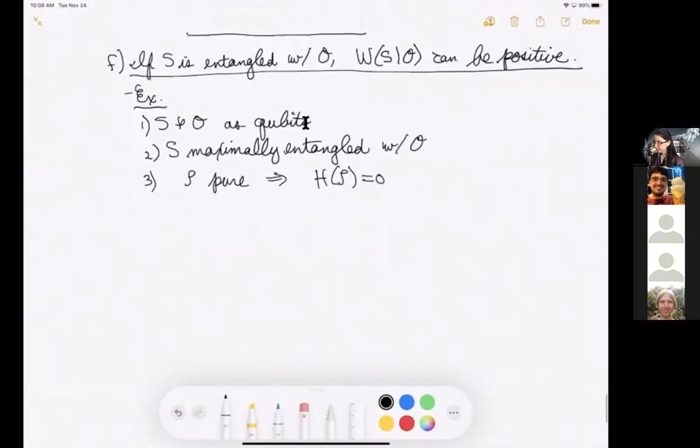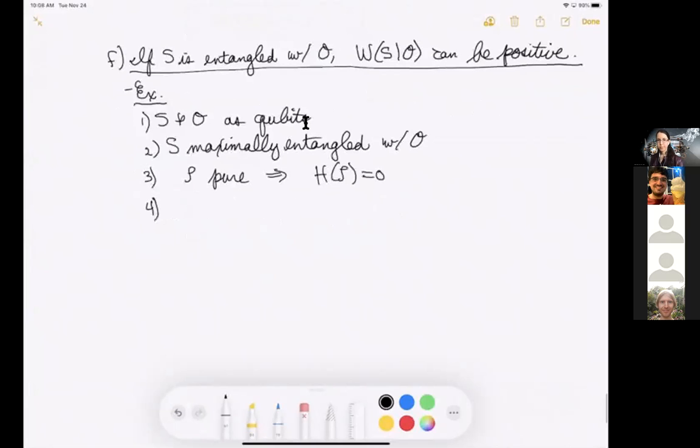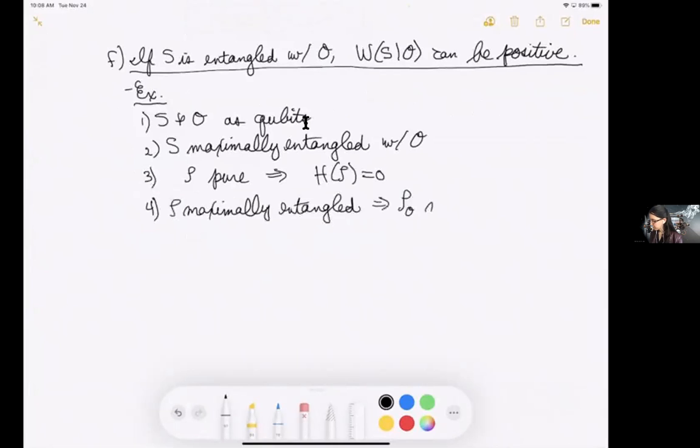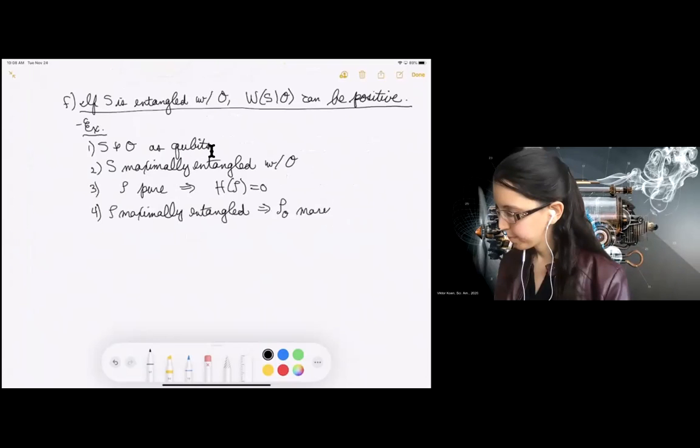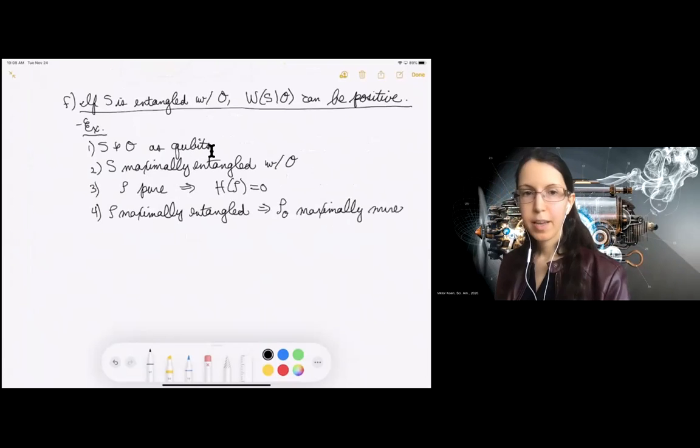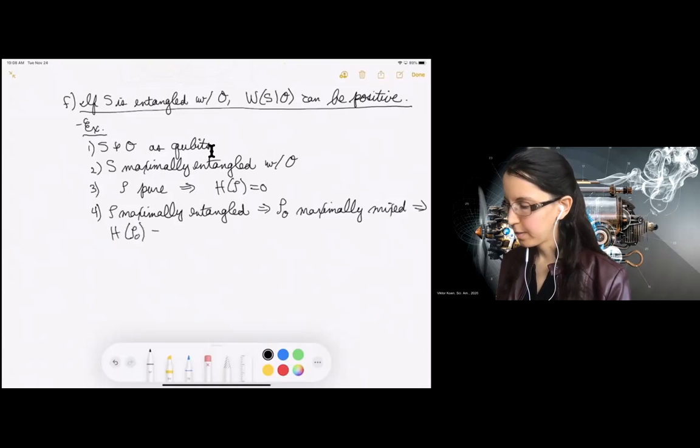On the other hand, since O is maximally entangled with S, the reduced state of O is maximally mixed. And so as we saw yesterday, this entropy is log 2.